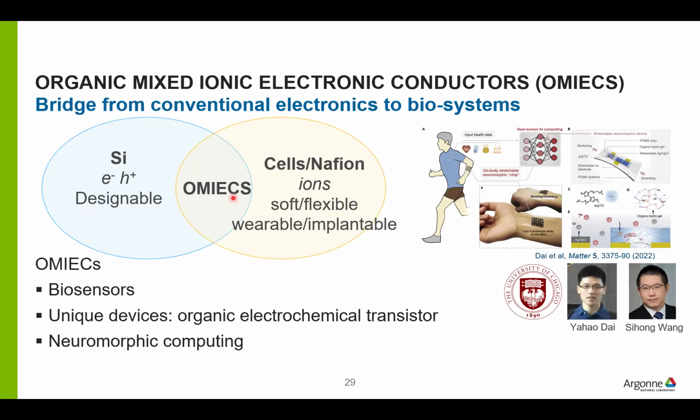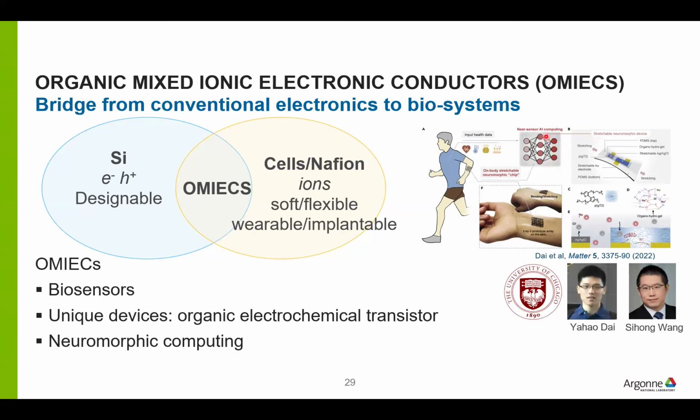So these are used to generate things like biosensors, like in this example from one of our users from Sihong Wang's group at UChicago, where they made this wearable patch that you could put on your wrist, and it had a neuromorphic circuit on it that could detect the wearer's heartbeat and also the patterns within the heartbeat of whether the heartbeat is normal or exhibiting particular known medical faults in the heart rhythm.